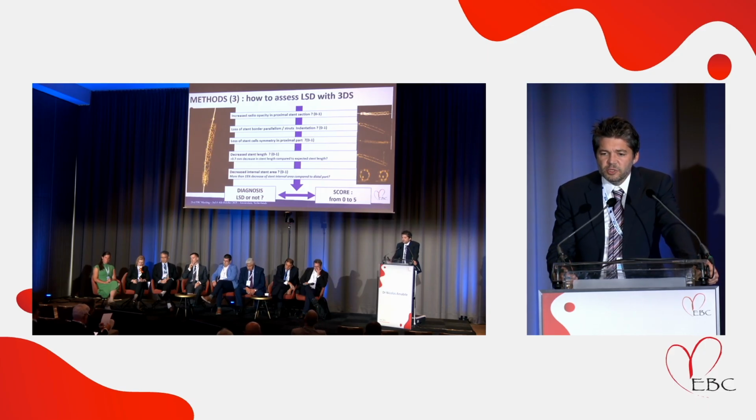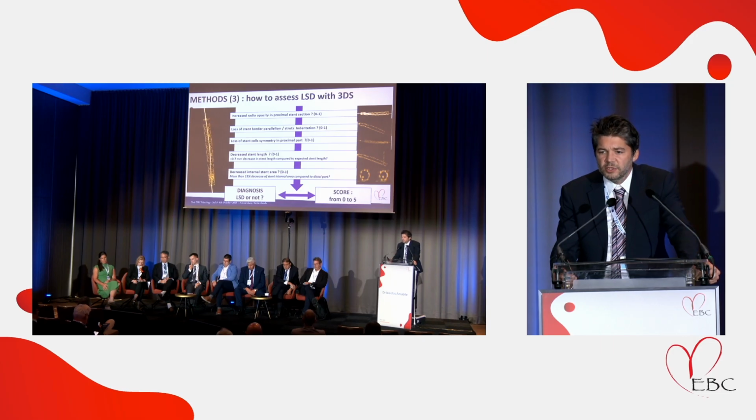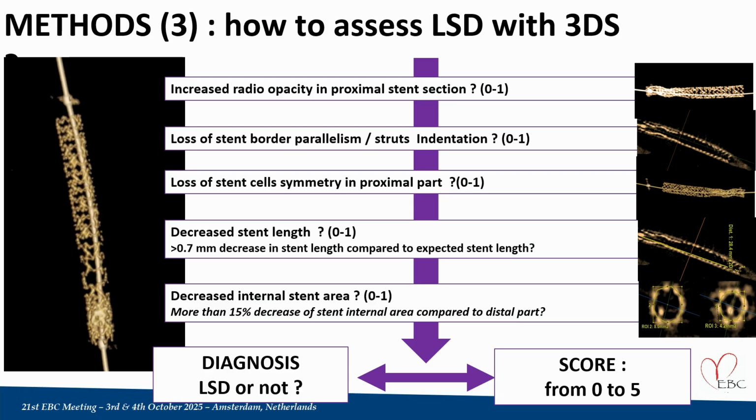And last but not least, we measured the internal stent area on the cross section and tried to observe a decrease in the internal stent area of the proximal edge of the stent compared to the distal part of the stent, and a 15% decrease was considered as significant.